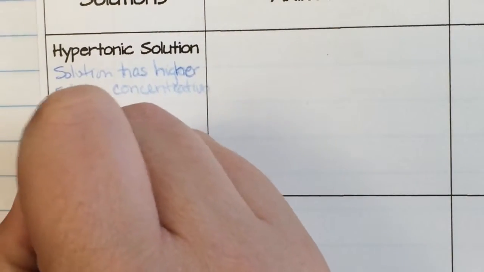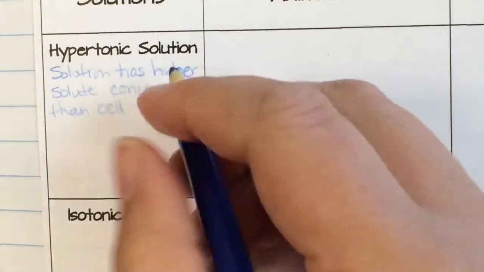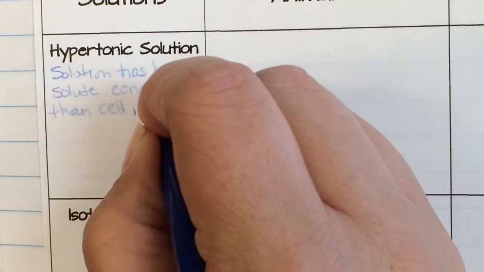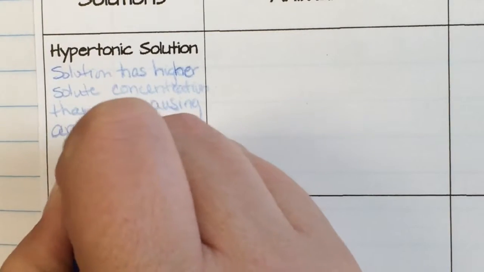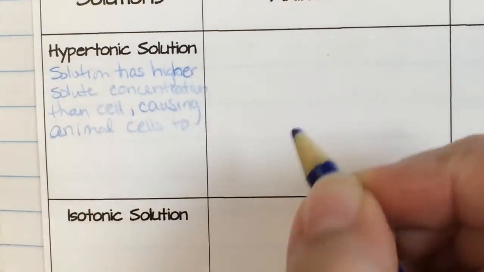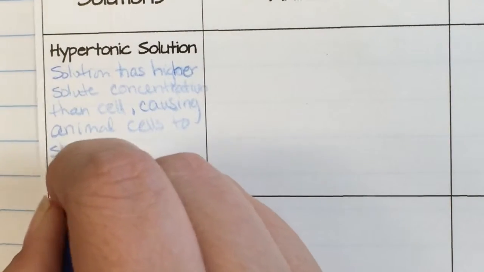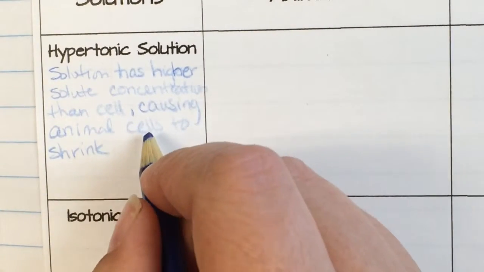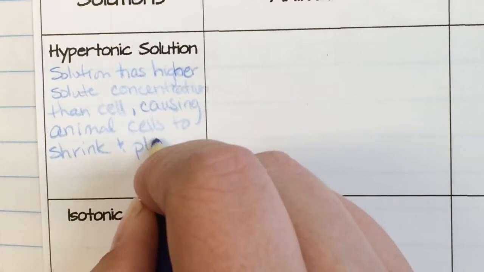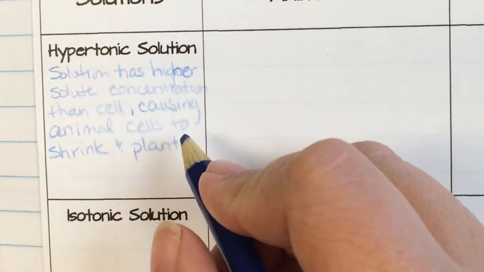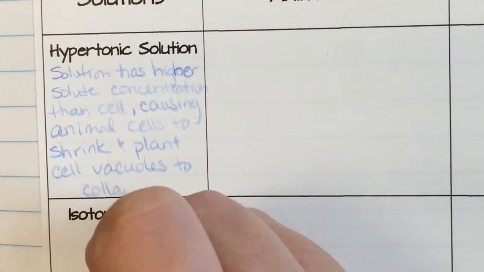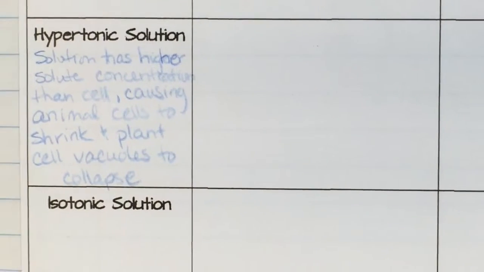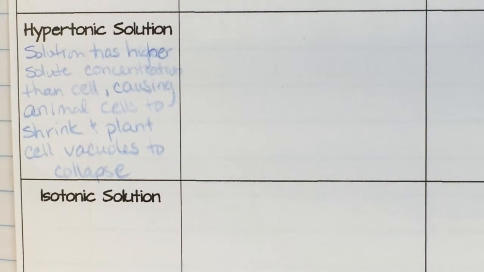Concentration than the cell, causing animal cells to shrink and plant cell vacuoles to collapse.